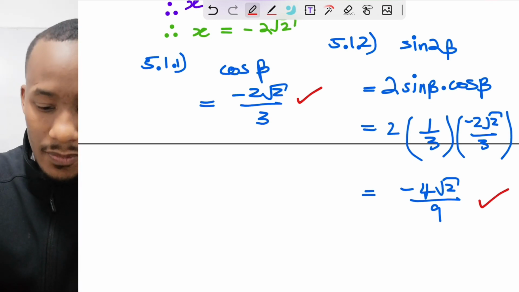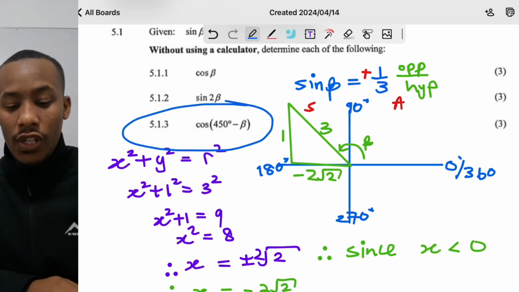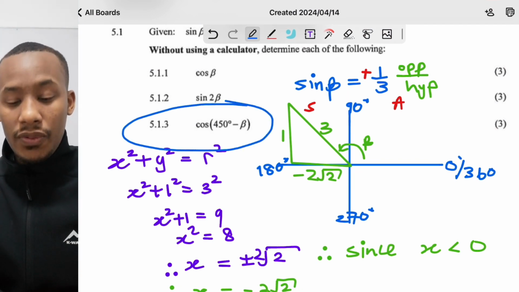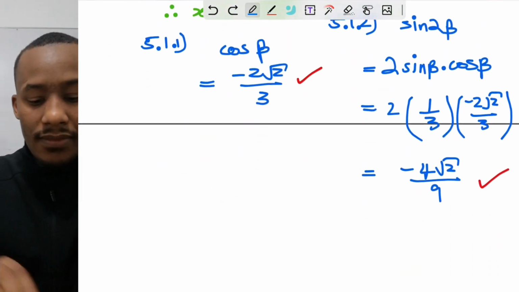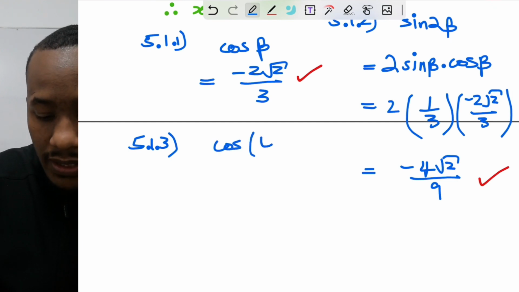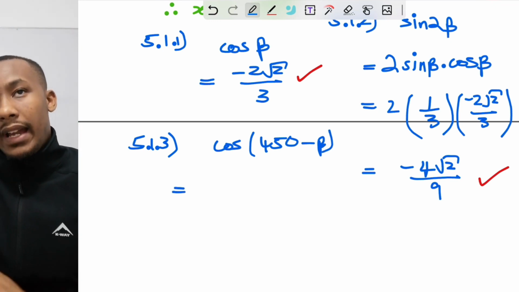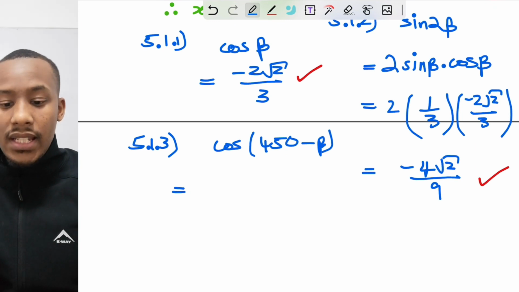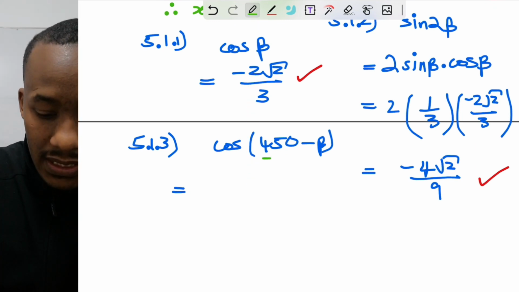Now we can move over to our last question, which is 5.1.3: cos of 450 degrees minus beta. Normally, when I have an angle that's greater than 360 degrees, I simply subtract 360.